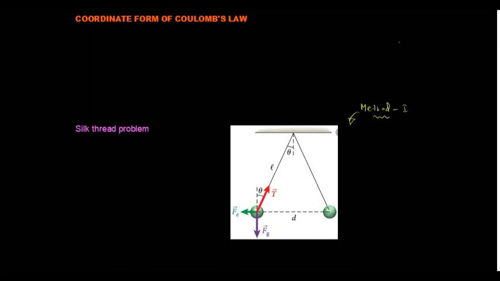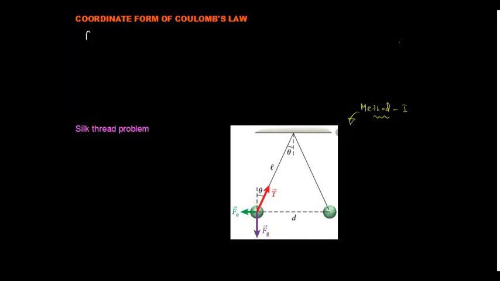So we have already checked that F12 vector is equal to 1 by 4 pi epsilon naught Q1 Q2 by R12 square into R12 cap. So suppose I take a coordinate space.